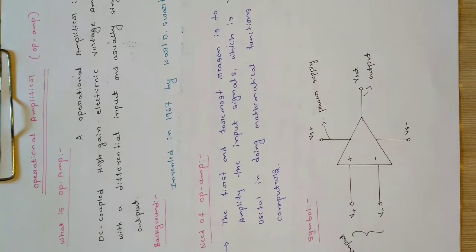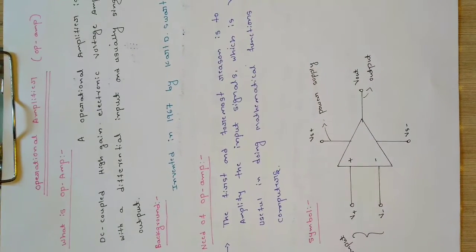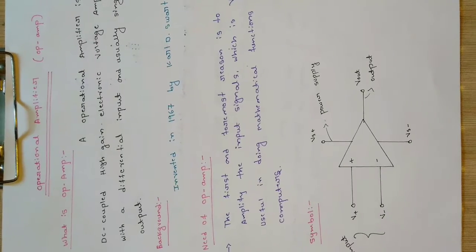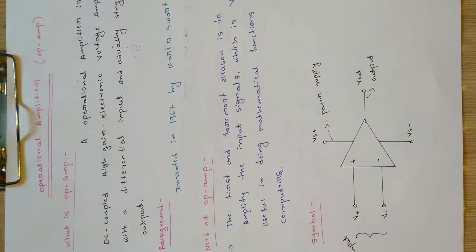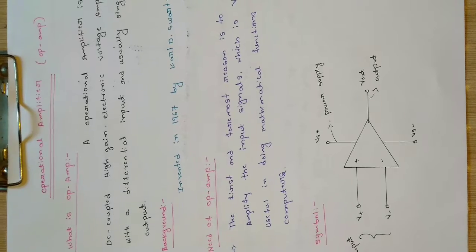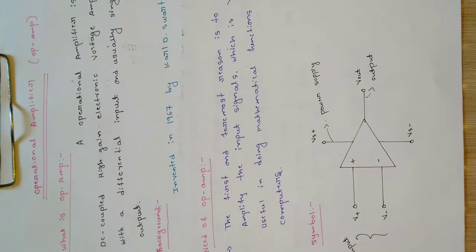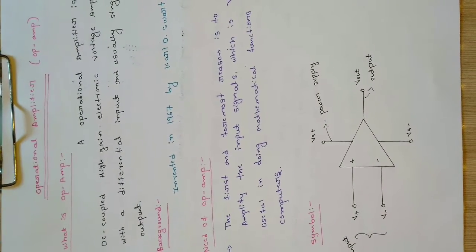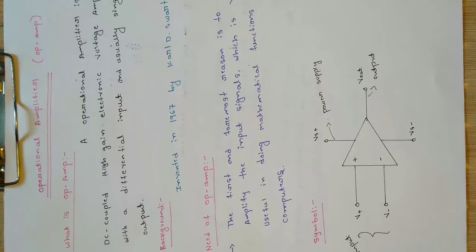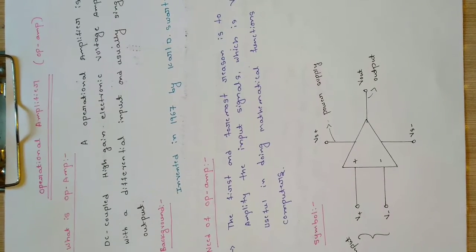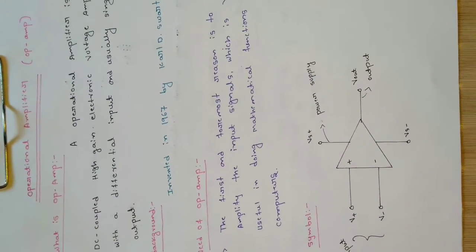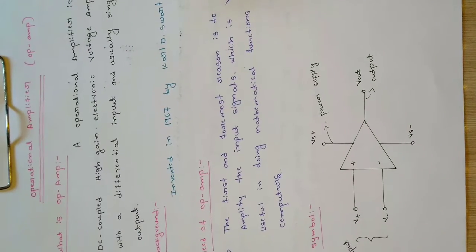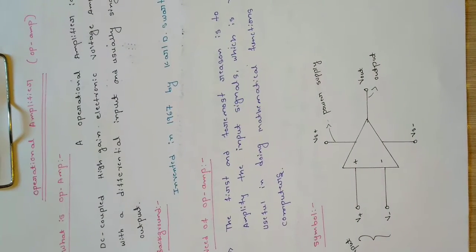It can do addition, subtraction, multiplication, division or integration, any other stuff which we can come across in mathematical aspects. So it is used in analog computers. Now also we are using it, but at that time it was largely used. So that's about what is op-amp and why the name operational amplifier.